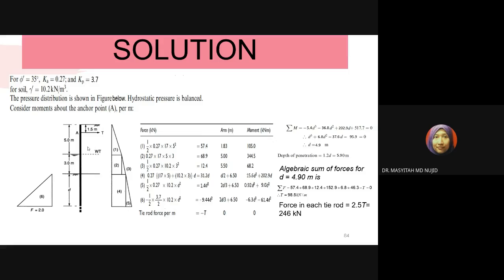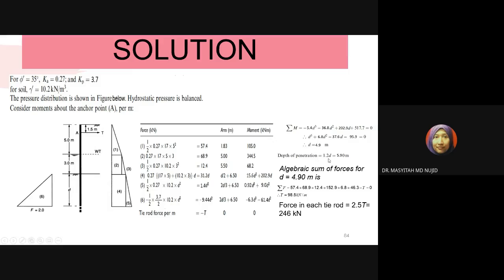So the moment is taken at point A. And then by using the cubic equation, you can get that D is 4.9 meter.